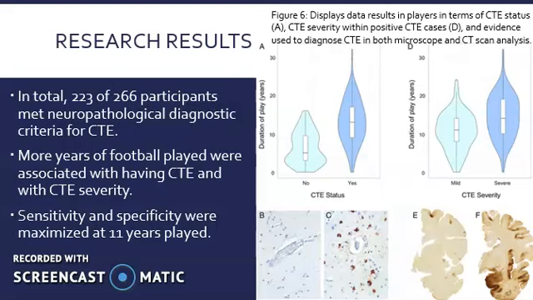In fact, it kind of increases a little bit as well. 11 years was found to be when it was maximized, meaning when it was found that the CTE is developing at this point. Anyways, overall, these results show that a majority of those who played football or had military experience showed some form of CTE, whether it was mild or severe.